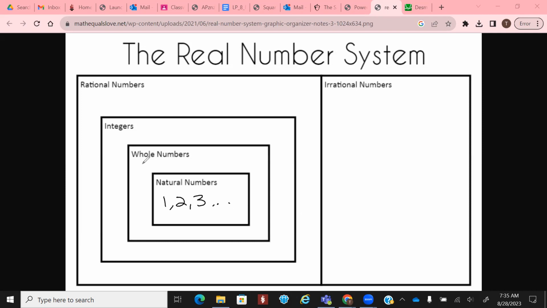Your whole numbers are going to be things like 0, square root of 25, 6. Your integers are going to be something like -3, -10 divided by 5, -4.